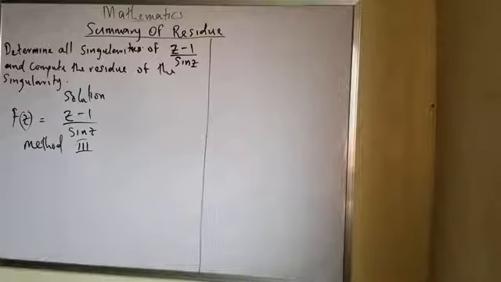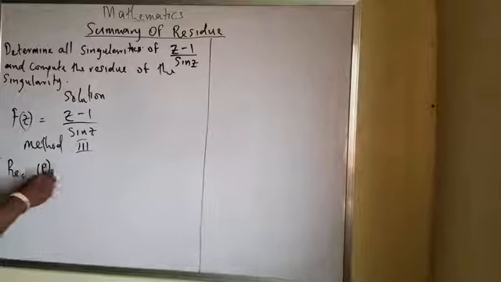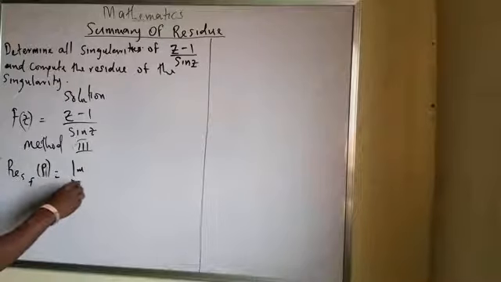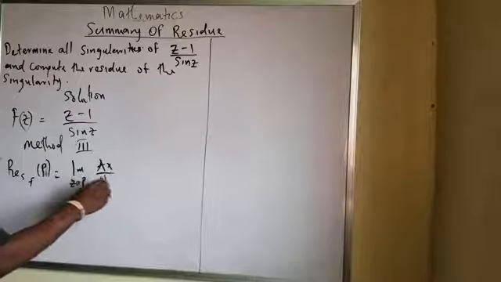Now, how do I go about this problem? Because it's a trig function, I must use method 3. What is method 3 saying? The residue of f at p equals the limit of z tends to p of a of x all over b prime of x.